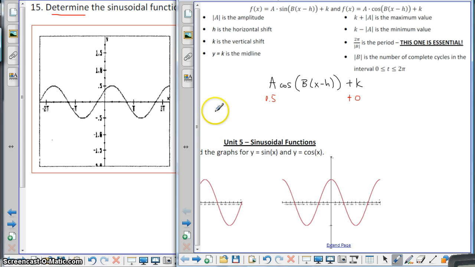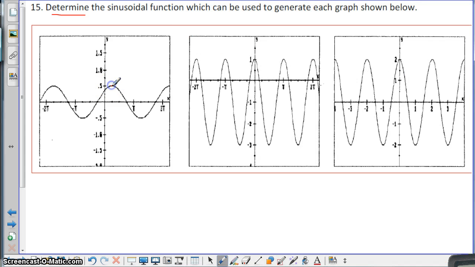Then what I'll probably do is find the shift. It's a pretty easy shift. This is going to be how close it is to the original center. So I know that it's right here, exactly this many units over.